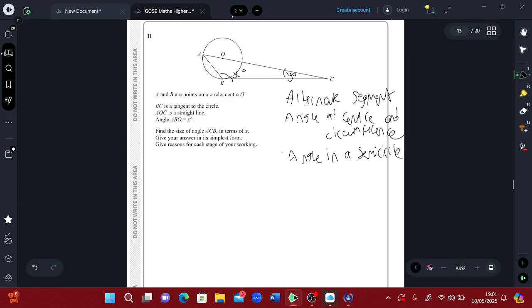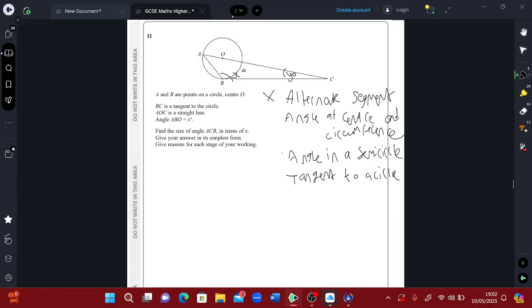We have a cyclic quadrilateral, but that won't be needed. Tangent and radius, or tangent to a circle, I guess. Okay, so what do we have? We don't really have any segments, so that rules that out initially.